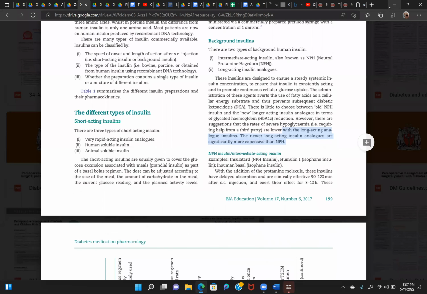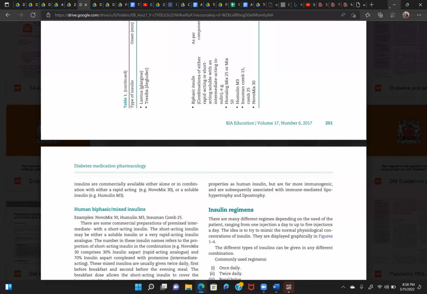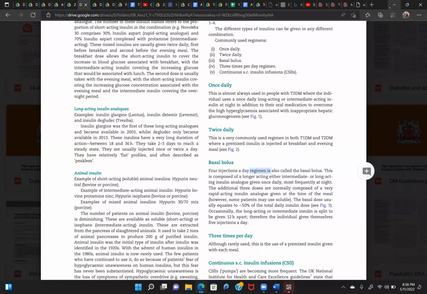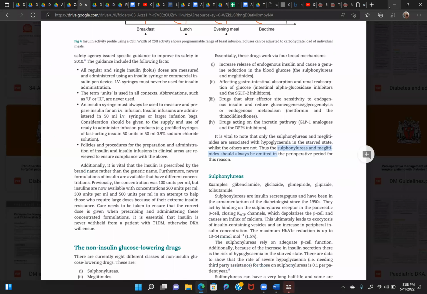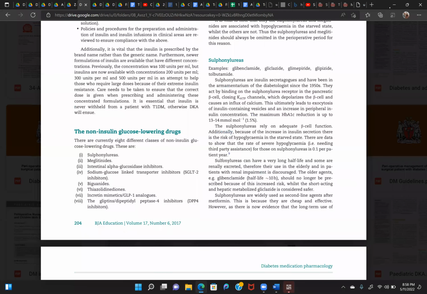If you have time, residents, I highly suggest you learn this, because this topic is the pearl of anesthesia. You should know as much as possible.